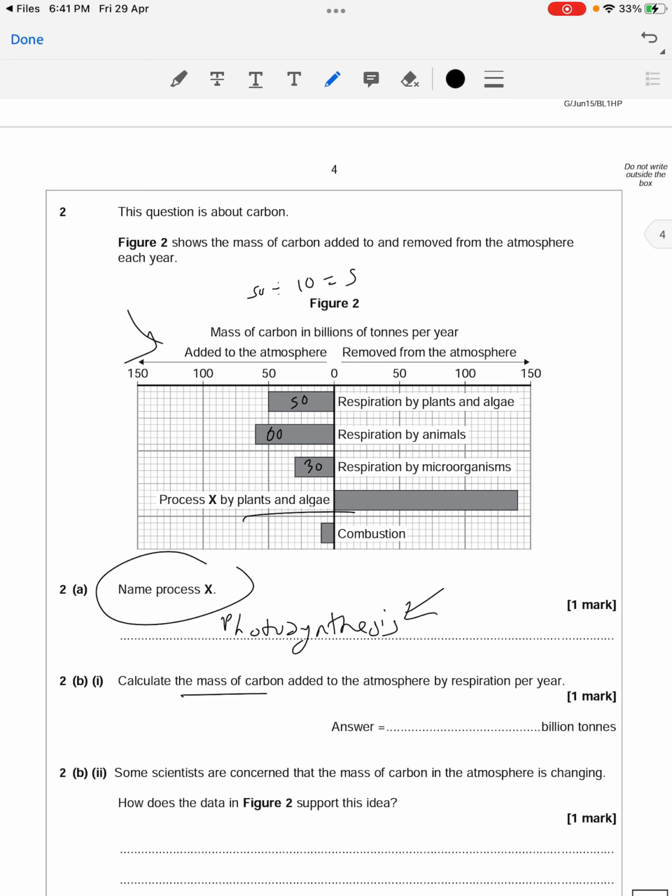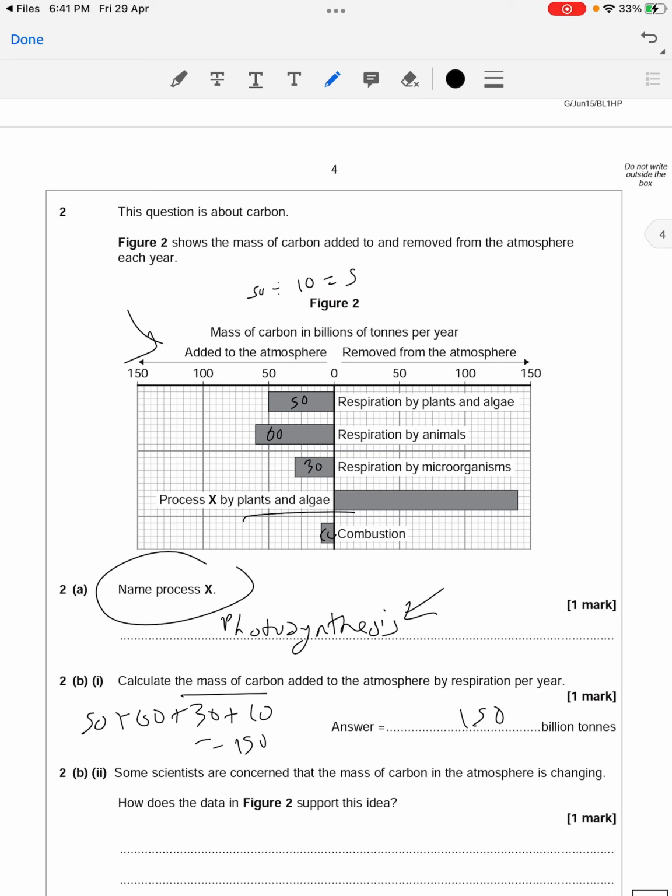So to calculate the mass of carbon that's released, this is 10. So we have 50 plus 60 plus 30 plus 10. That should give us about 150 billion tons of carbon being added back to the atmosphere, right?